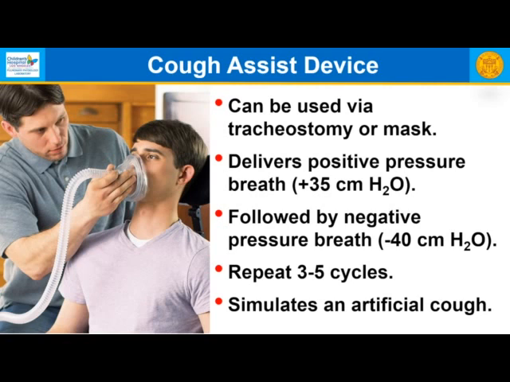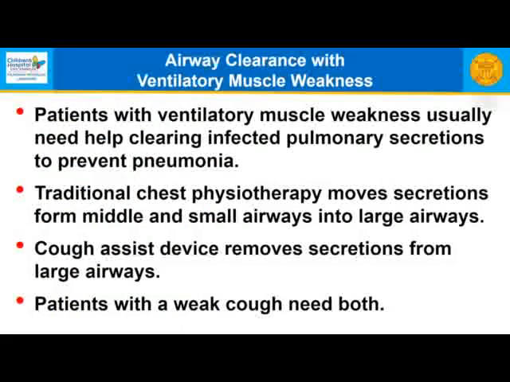And again, it's useful in people with a weak cough. And we already talked about the fact that part of your physical examination for someone with neuromuscular disease is to ask them to voluntarily cough. Patients with ventilatory muscle weakness usually need help clearing infected pulmonary secretions to prevent pneumonia. Traditional chest physiotherapy moves secretions from middle and small airways into large airways.